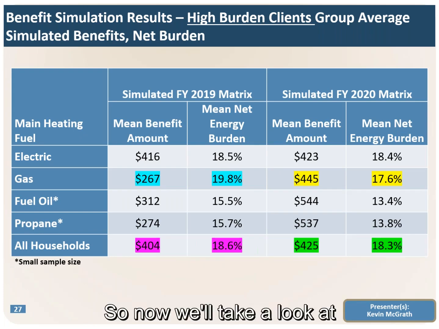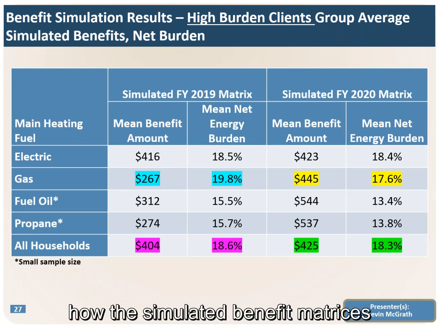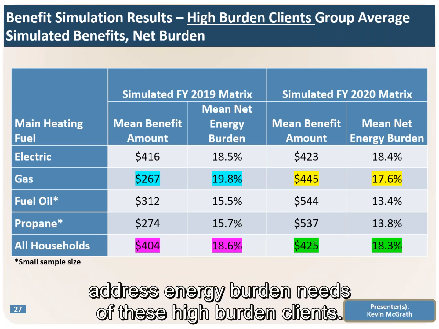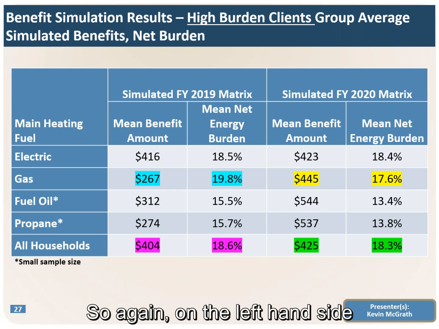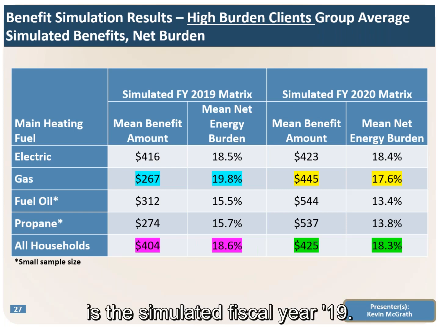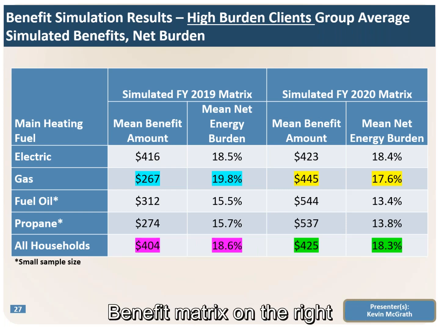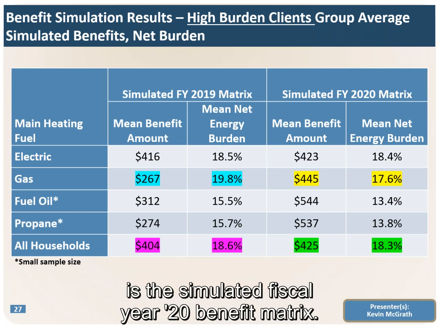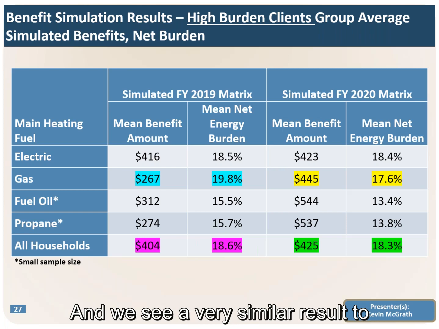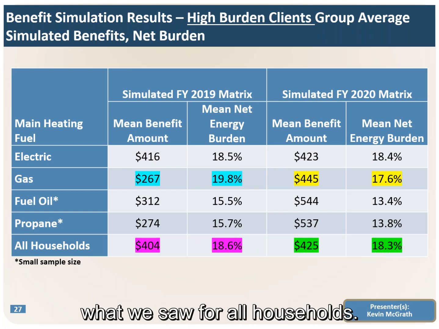So now we'll take a look at how the simulated benefit matrices address energy burden needs of these high burden clients. Again, on the left-hand side is the simulated fiscal year 19 benefit matrix. On the right is the simulated fiscal year 20 benefit matrix. And we see a very similar result to what we saw for all households.